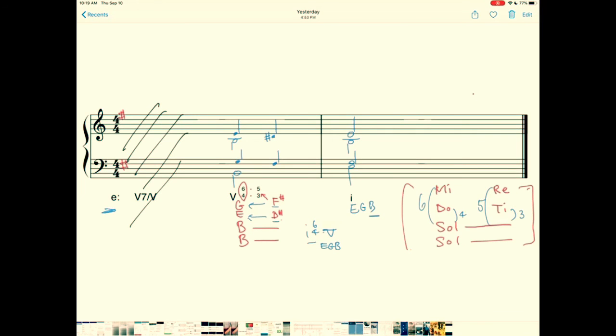All right, so now that we finished writing this cadential 6-4, 5-3 to 1, let's hear it. We are in the key of E minor. And this is the progression that we just wrote.